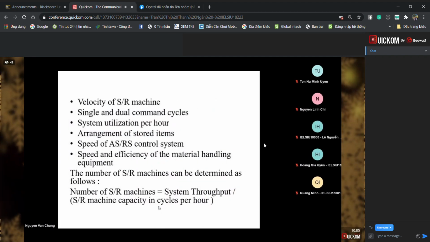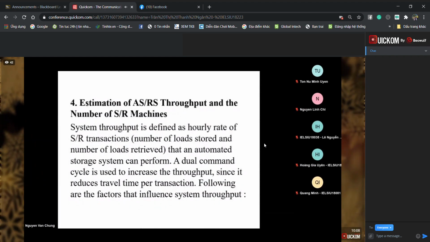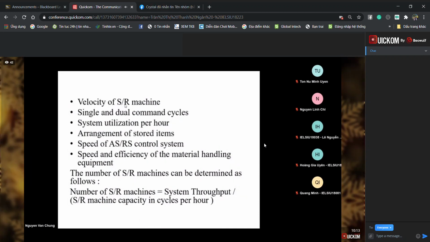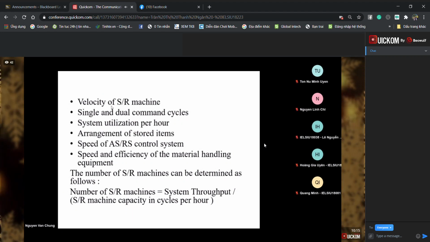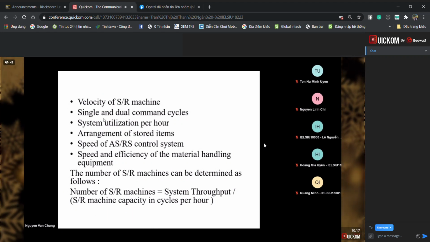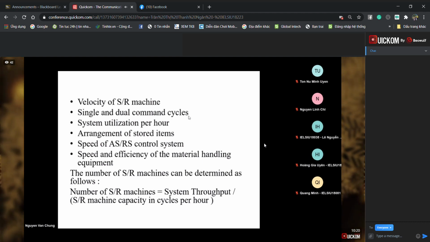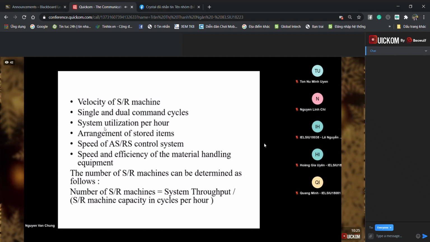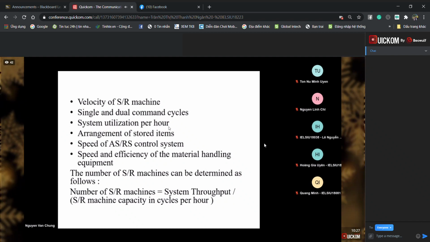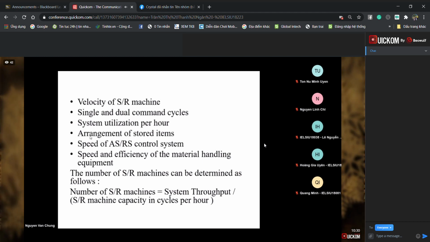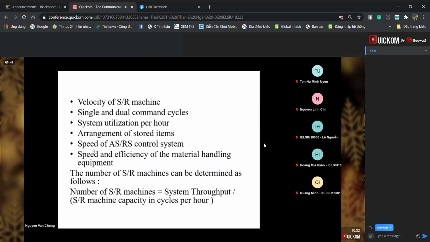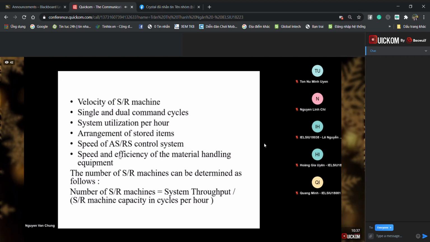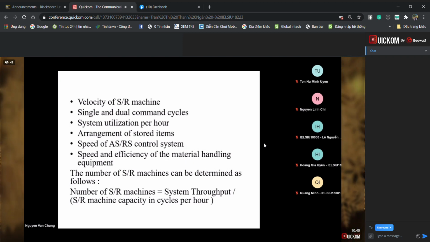Here you have the parameters: velocity of the AS machine structure, the single and dual command cycles, which I will explain later, and system utilization per hour, arrangement of stored items, speed of the ASRS control system, and efficiency of the material handling equipment.